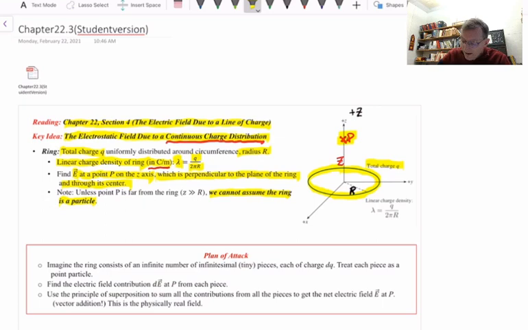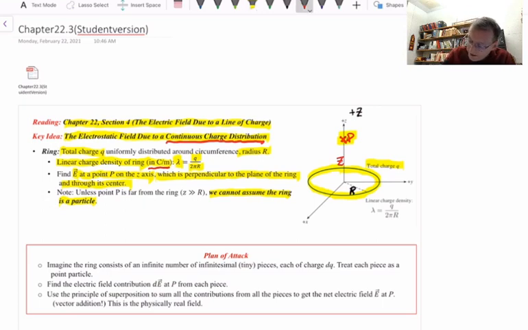Now, it's true that if you take that point P on the z-axis and take it far, far away up on the z-axis, then that ring starts to look like a point particle. But we're not talking about that now. Point P is arbitrary, could be quite close to the ring. Very close, in fact. In such a case, you cannot treat the ring as a particle.